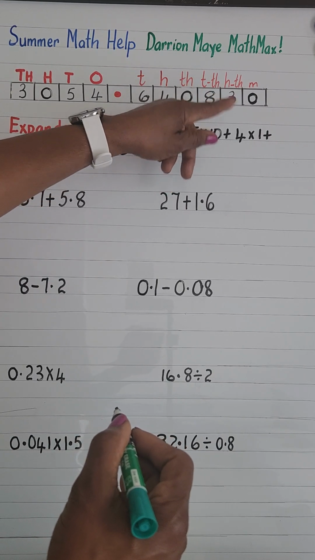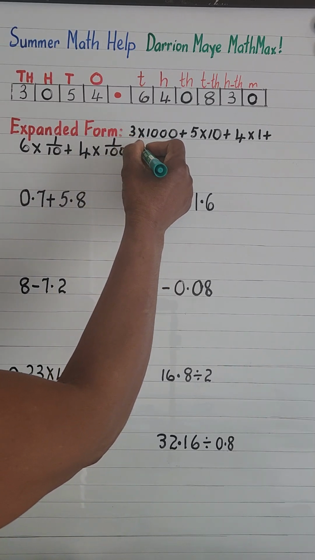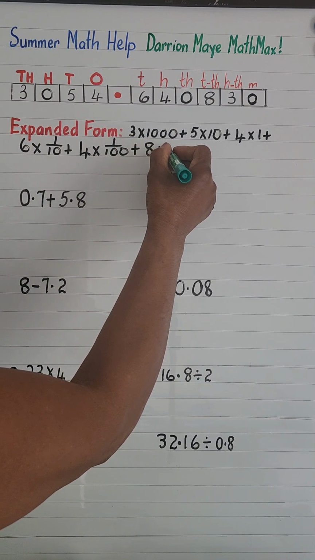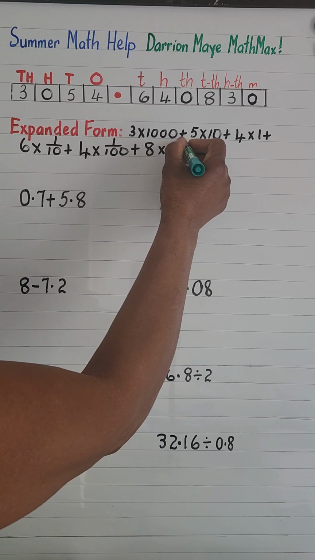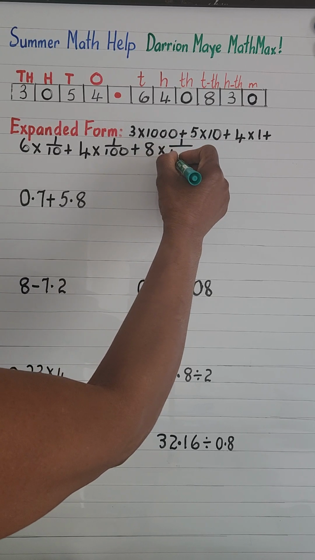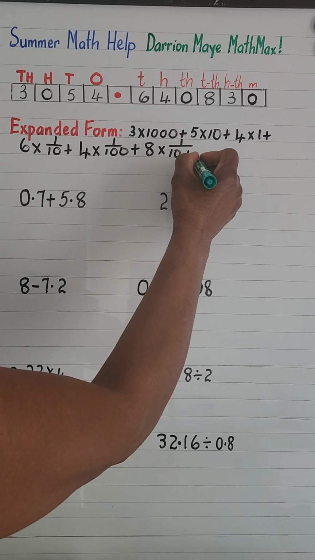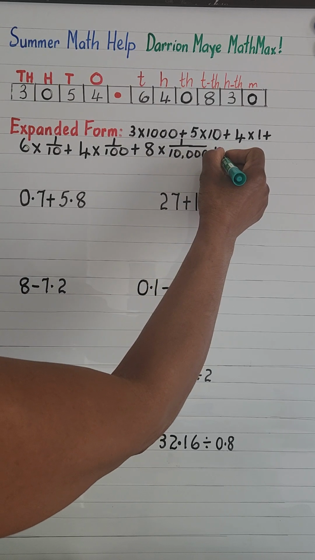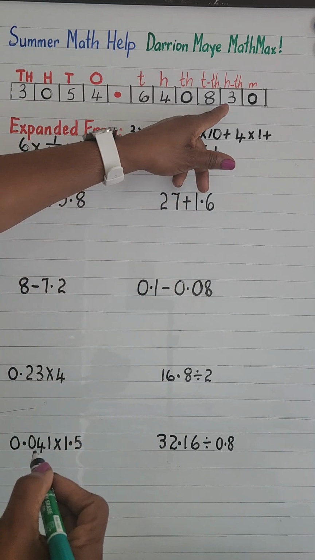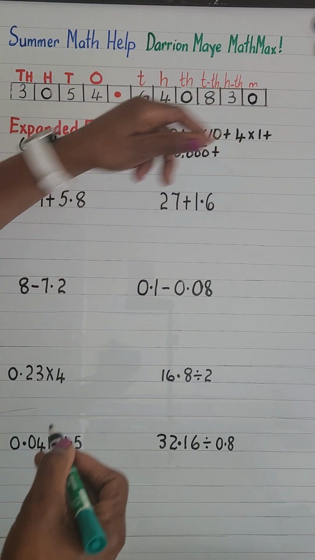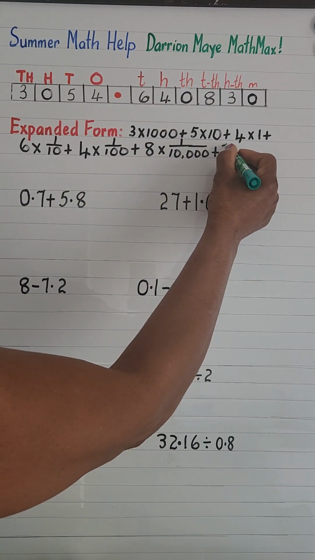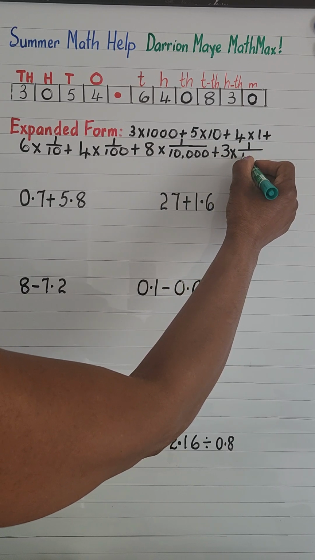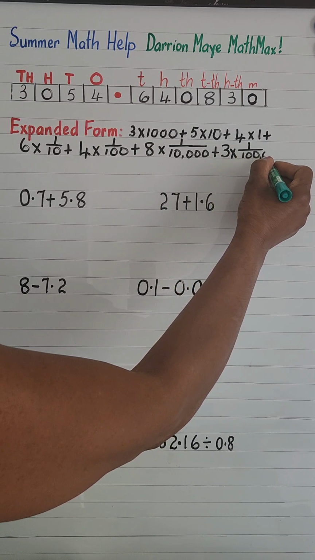Now we'll go to the ten-thousandth, which would be plus 8 times 1 over 10,000. And then we have plus 3 in the hundred-thousandth, which would be 3 times 1 over 100,000.